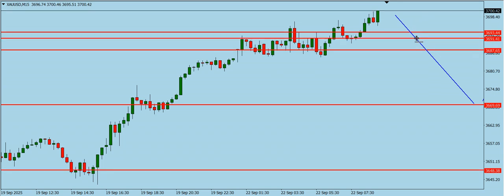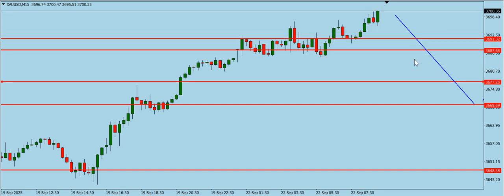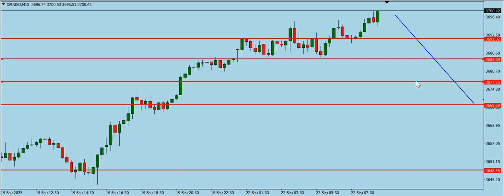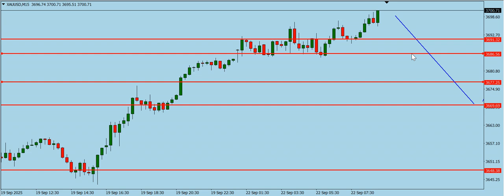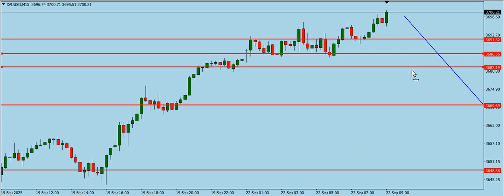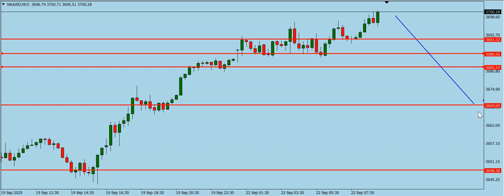The immediate order block on the 15 minutes time frame is at 3691, the next one is at 3686, then another at 3682, and another at 3669. This coincides with the order block on the 30 minutes time frame.